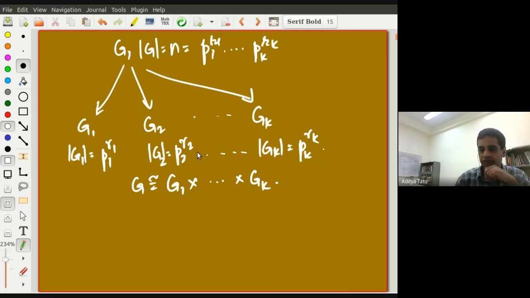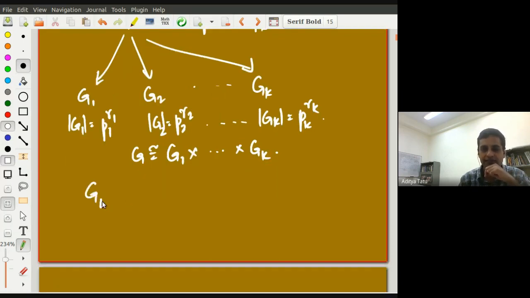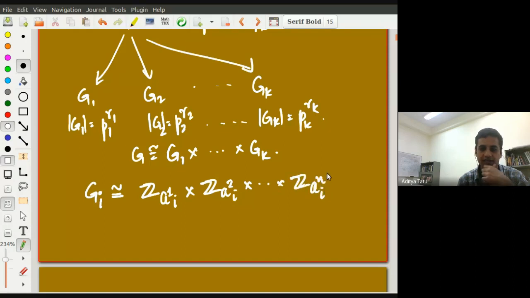Then what we are going to show is that each of these Gi can be decomposed, or basically shown to be isomorphic, to a product of cyclic groups, some Z_{p^a_{i1}} and so on, up to a_{in}.